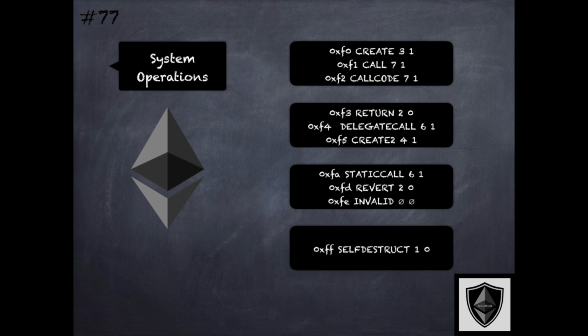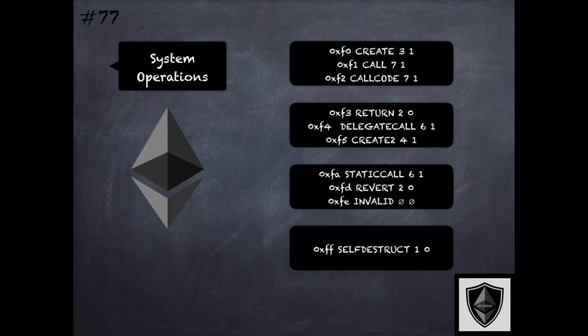The final instruction, 0xFF, in the EVM instruction set is a really special instruction called self-destruct. As you can imagine, this halts execution, but it also destroys the account of the executing context.